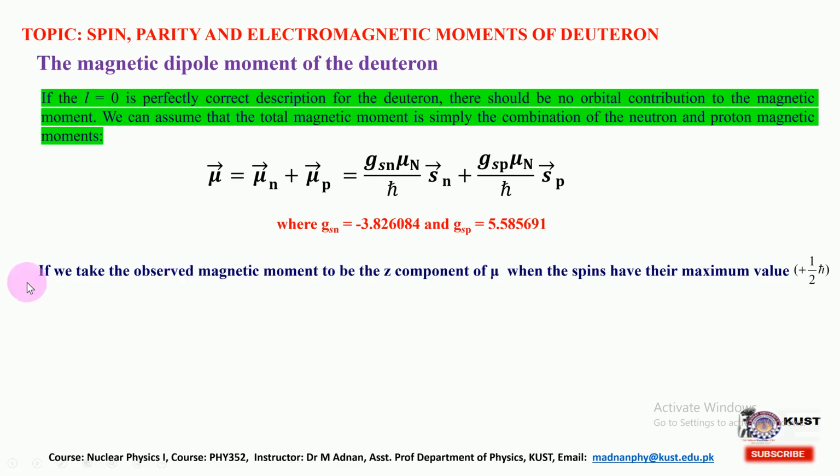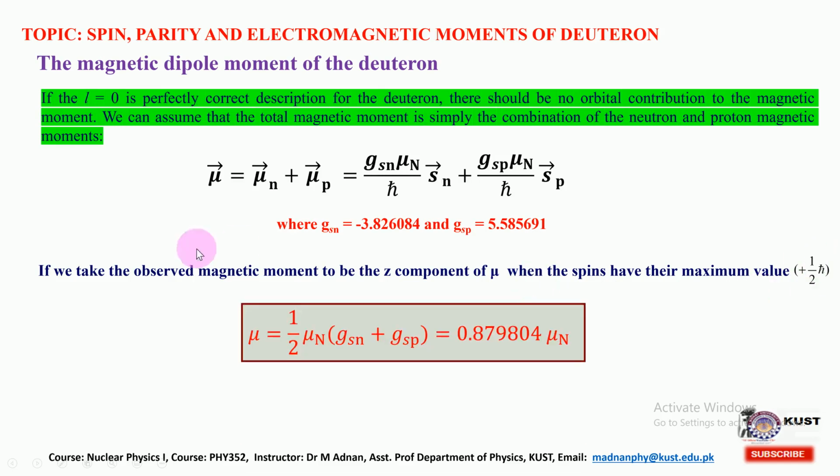So if we take the observed magnetic moment to be the z component, mu z, when the spins have their maximum value plus half, such that the spin is 1/2 in units of h cut, in that situation this mu will be equal to this much in nuclear magneton.